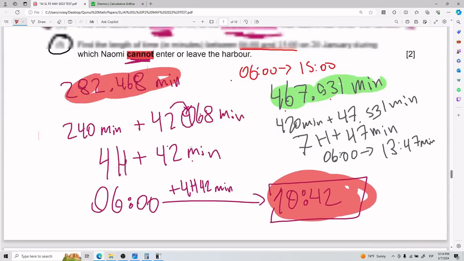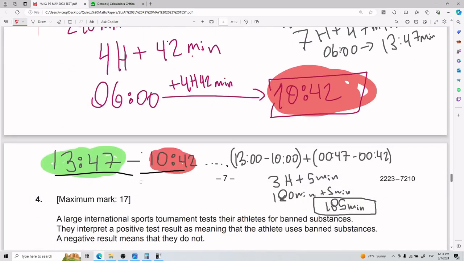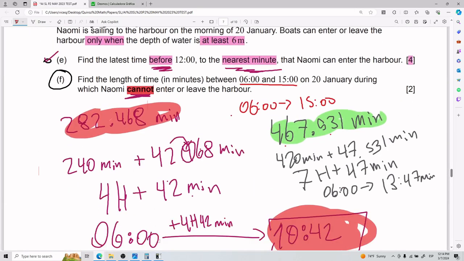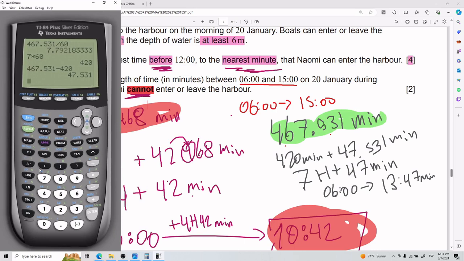And so technically, here I did green minus red. Let's do that again up here. We take 467.531 minutes minus what's in red, which is 282.468. Lo and behold, you still get 185 minutes.